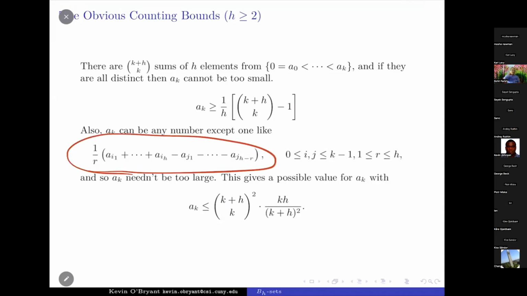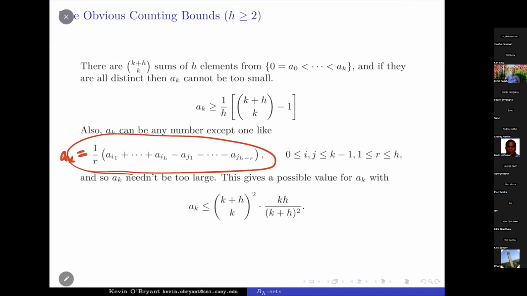And if you imagine a sub k equaling that, then you can rearrange that to where you've got H of the sums on one side and H other sums on the other side. So we would get a solution to this thing that you can't have a solution to if it's a B sub H set. So we're not allowed to have a sub k having this form, r being the multiplicity of a sub k in the violation. I call these forbidden numbers.